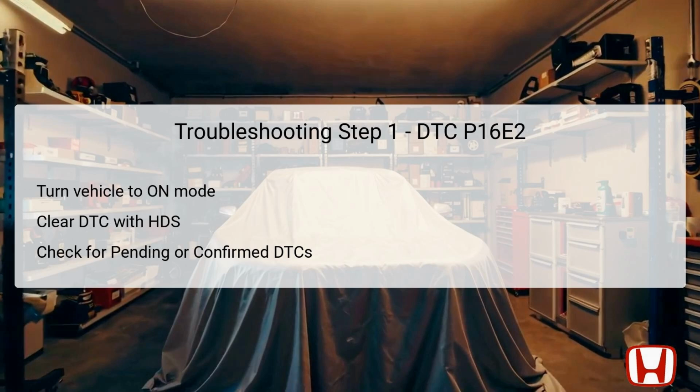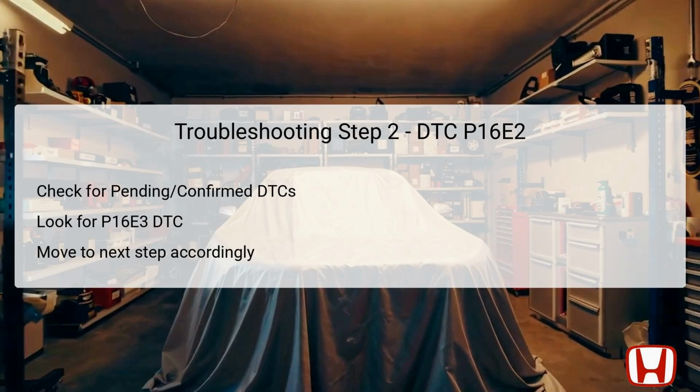Finally, check for any pending or confirmed DTCs using the HDS to see if P16E2 reappears or if other related codes are triggered. Following the initial vehicle checks, you will again need to check for pending or confirmed DTCs using the HDS. This step specifically focuses on identifying if DTC P16E2, which indicates a battery sensor LIN communication error, is present.